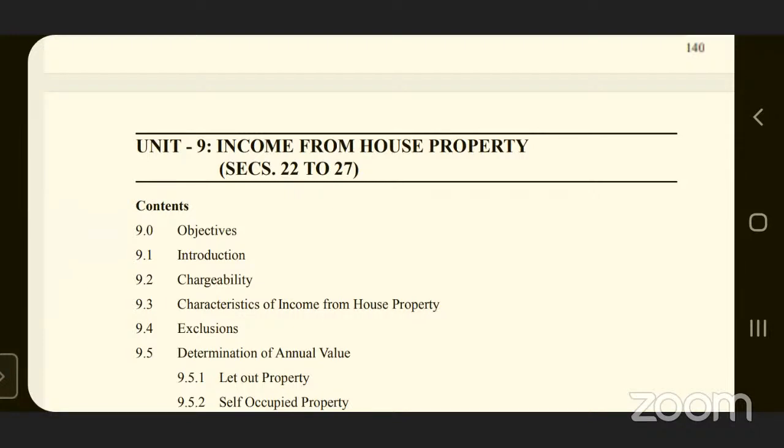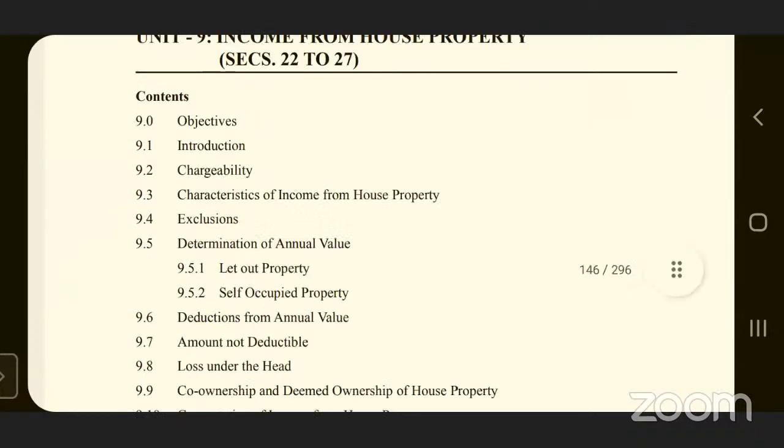So this is the distinction between capital profit and income from house property. The same situation where we are getting some amount from a particular house itself, but when we observe the situation of selling a house, the amount is considered as income from capital gains, but letting a house is income from house property.